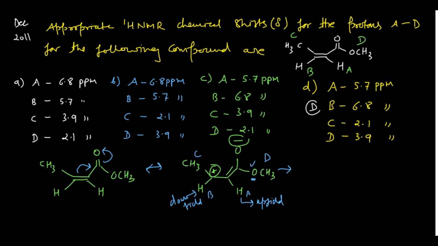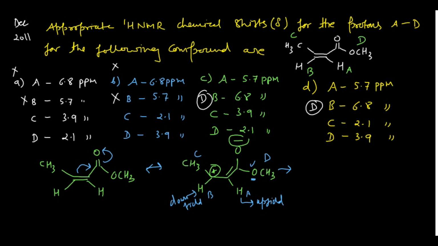Okay, and if you compare A and B here, again it is also the downfield, so this can also be your answer. But again you see this is 5.7, this is upfield, so this A cannot be your answer. So you can discard the possibility of A and the possibility of B.